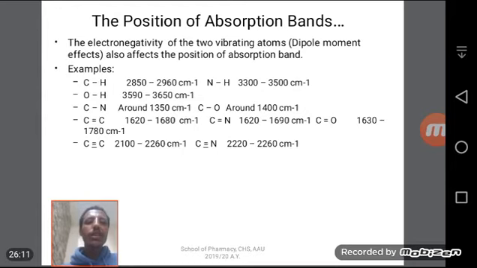As a result, the electronegativity affects the vibrating frequency between the interacting atoms. As the electronegativity increases, the vibrating frequency of the interacting atoms also increases.